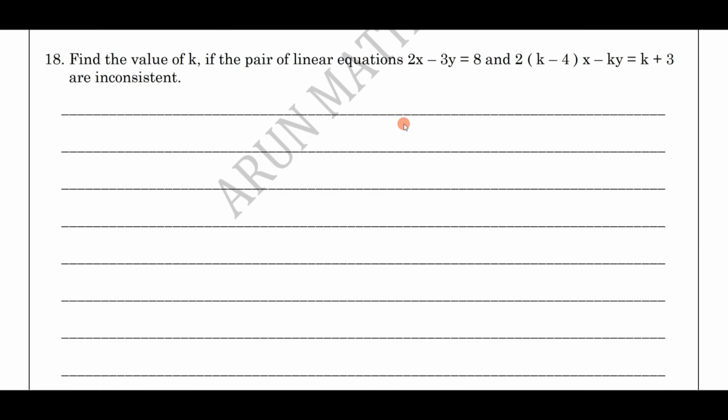Here, they are given two linear equations in two variables. The first equation is 2x minus 3y equals 8. The next equation is 2 into (k minus 4) into x minus ky equals k plus 3.